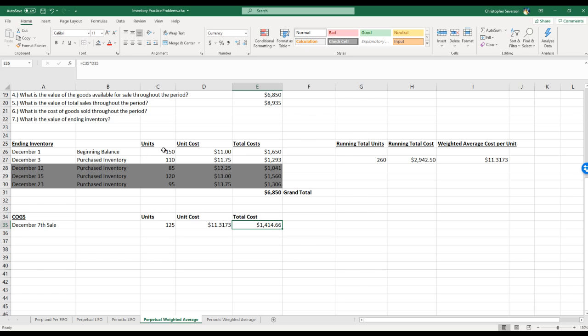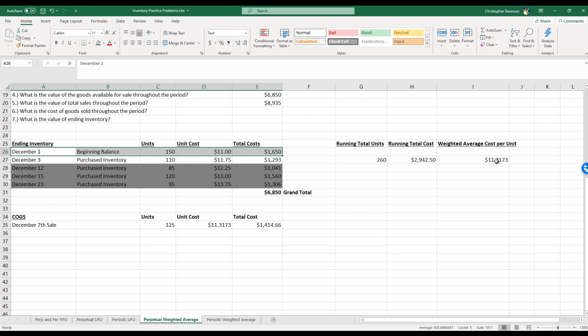Now the challenge here is that we know what we're moving to cost of goods sold, but in the previous videos we talked about how we need to update ending inventory in order to end up with a final amount of ending inventory. Now there are a few different ways of doing this. One of the ways I like to do it is simply visualize the fact that we're now destroying these 2 layers of inventory and we're recreating them with a brand new layer of this weighted average cost. So I'm going to destroy this.